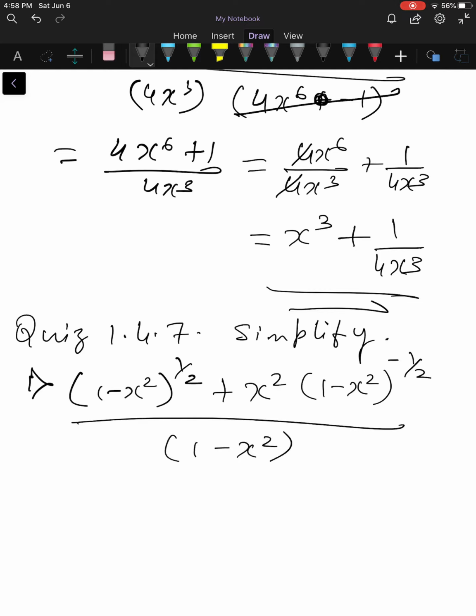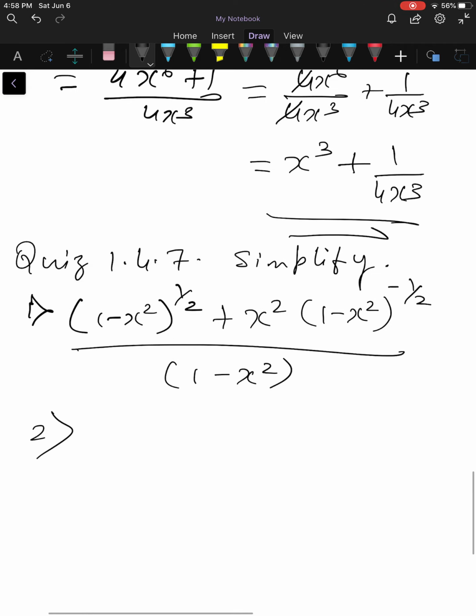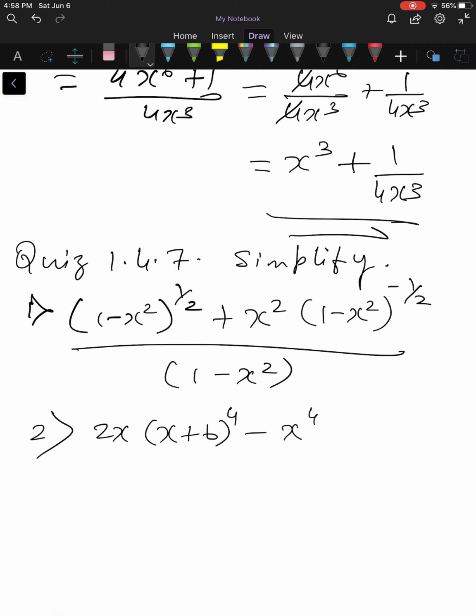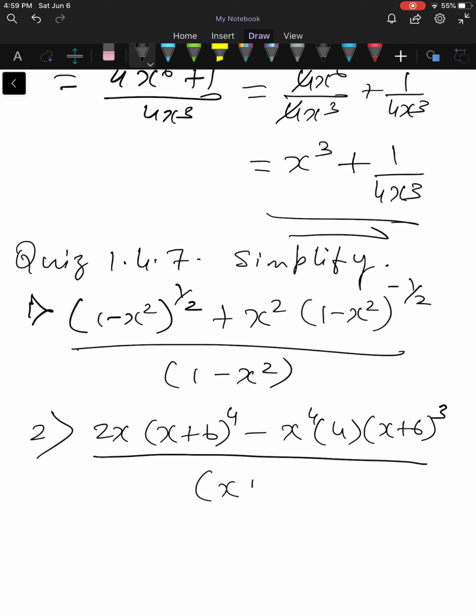Be careful with the signs. 1 minus x square. Second one, 2x times x plus 6 the whole to the power of 4 minus x to the power of 4 times 4 of x plus 6 whole cube divided by x plus 6 whole to the power of 8.